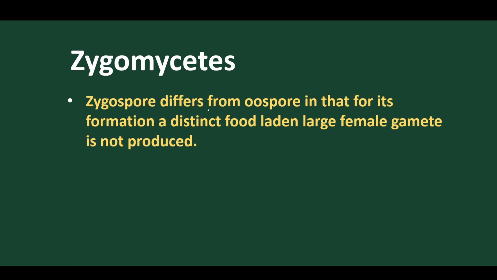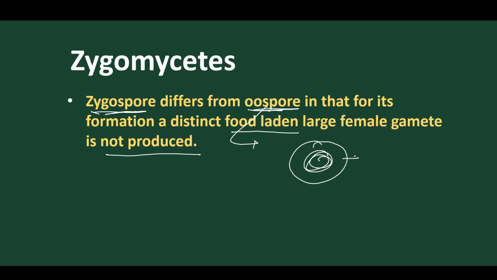So zygospore differs from oospore. Yes, zygospore and oospore, they are both lower fungi, and in that formation, a distinct food-laden female gametophyte is not produced. In oospore, what happens when the oospore is produced? Suppose this is the oospore present.